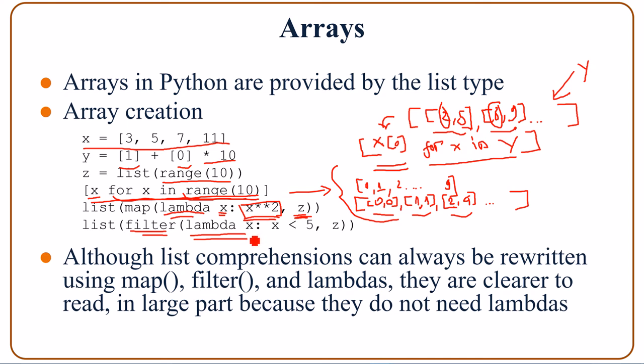The argument to lambda is x. x is the argument of the lambda function, a lambda without a function name. Return x if x is less than 5, and you go through all the elements in z to do that. So this is also very useful.